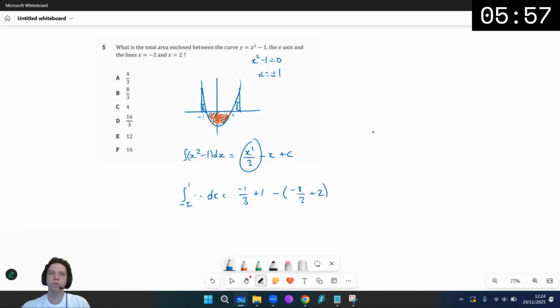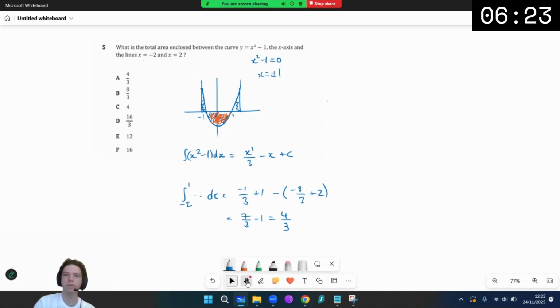I like to pair up these terms and simplify them together. So it'll be -1 plus 8, so plus 7 over 3 here, and then 1 minus 2, so minus 1. So it'll be 4 over 3. Clearly, this area is also the same, because of the symmetry. So we'll have basically twice that.